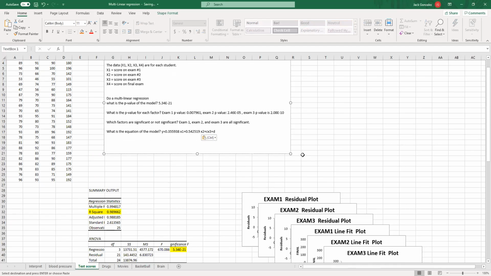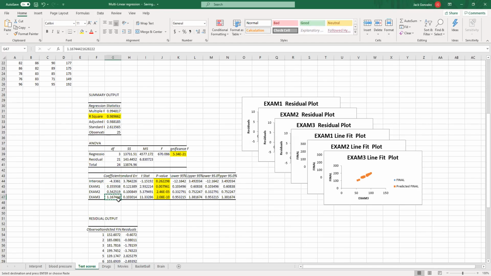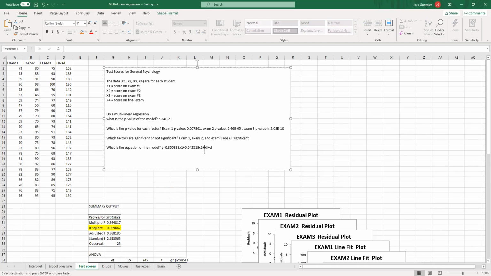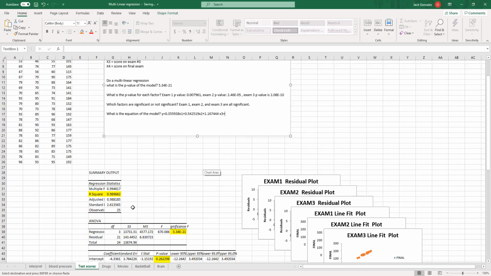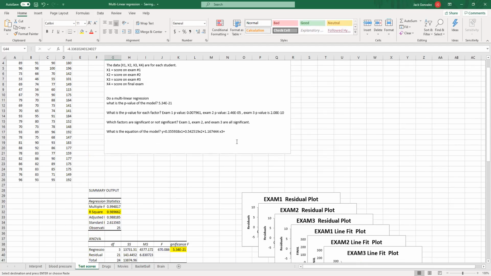Replace the C. C is exam 3, the coefficient, and then the constant is the last one. It's also called the intercept. There we go.